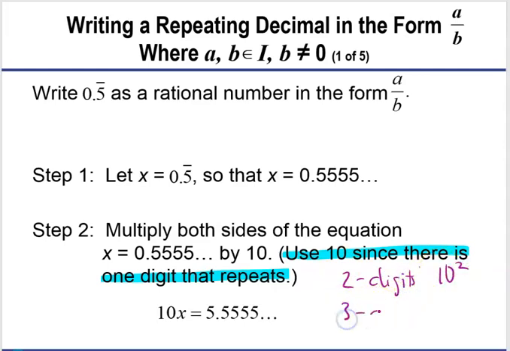If there were 3 digits that repeat, in other words, the repetend was 3 digits, we'd multiply by 10 to the third. If there were 4 digits that repeat, you see the drill, we'd multiply by 10 to the fourth. So right now we're multiplying by 10 to the first because the 5 is the repeat. Now look, when you multiply both sides by 10, you just multiply by 10 over here and 10 over here. That's going to give you 10x equals 5.55555 repeating. Correct?